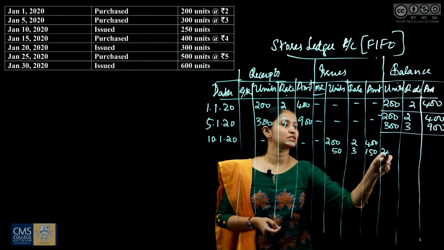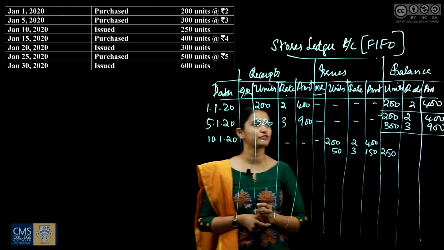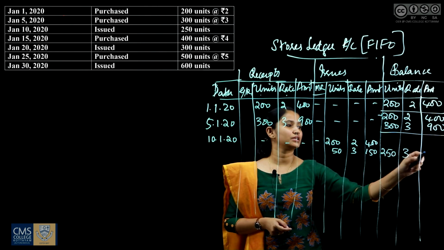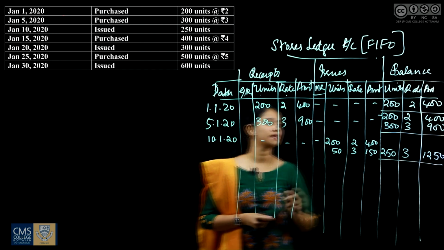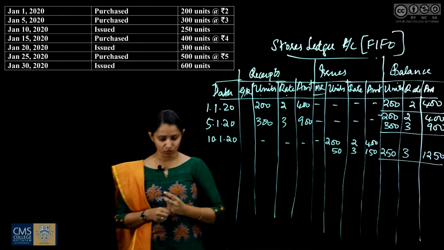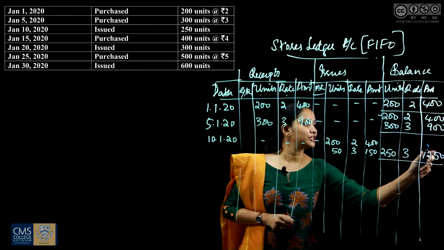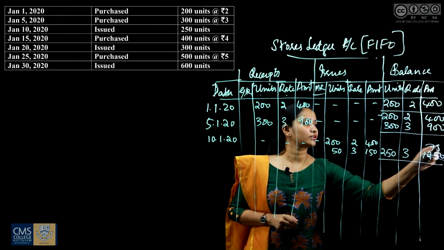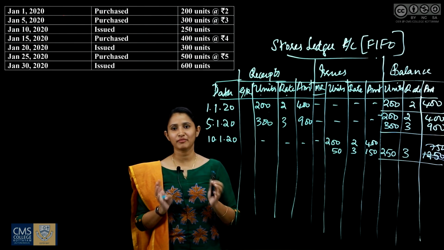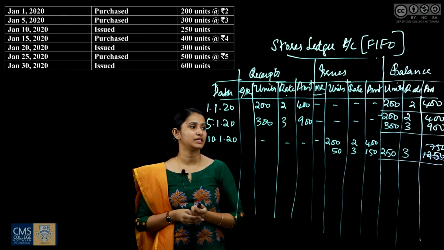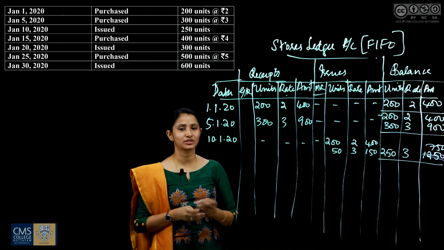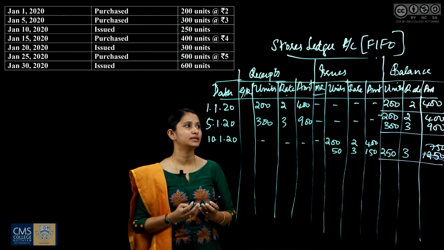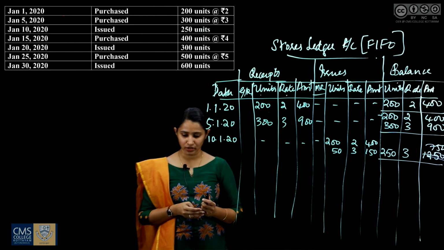That leaves us with 250 units at rupee 3, and the value is 750. So you have materials worth 750 as on 10th Jan 2020. That is how issues are shown in the first in first out method.